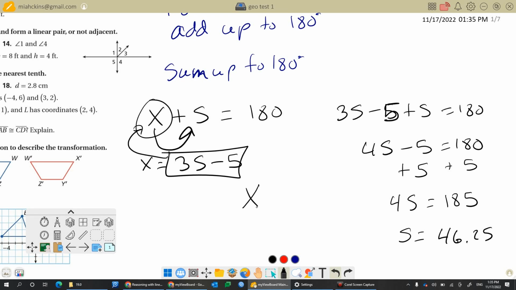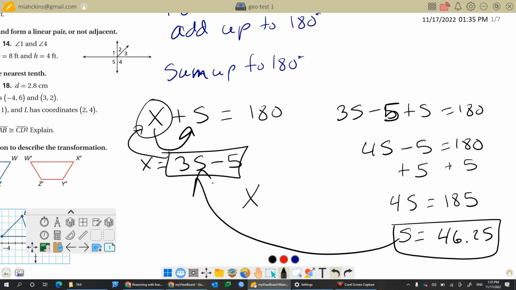Because that's what we wanted to find. So what are we going to do? We're going to substitute this right back into here and solve for x. So s is 46.25, so 3 times 46.25 minus 5. So we run through that.